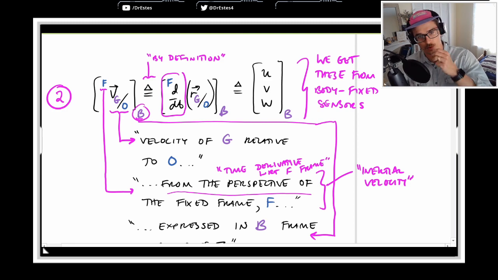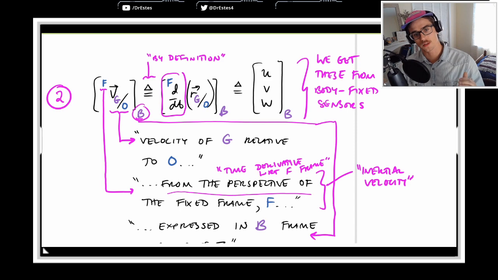Now, the time derivative with respect to the F-frame just gives us a vector. But the important thing is a vector can be represented in many different frames. So that's the difference between case 1 and case 2.